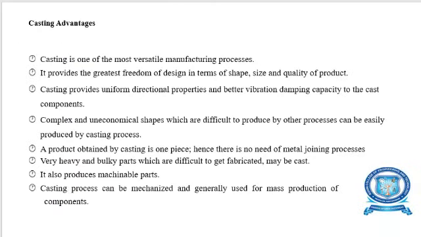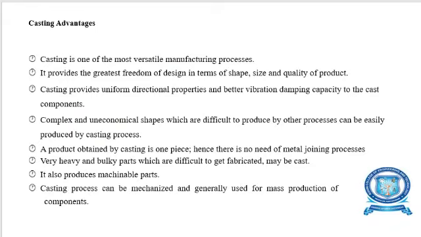Casting advantages. Casting is one of the most powerful manufacturing processes. It provides the greatest freedom of design in terms of shape, size and quality of product. Casting provides uniform directional properties and better vibration damping capacity of the cast components. Complex and uneconomical shapes which are difficult to produce by other processes can be easily produced by casting.